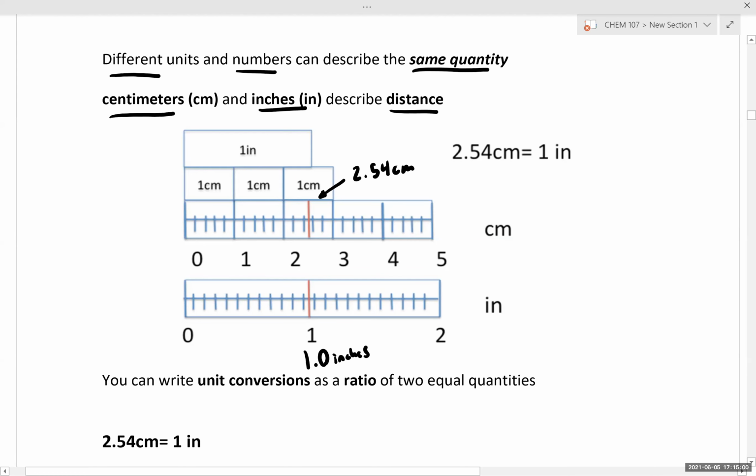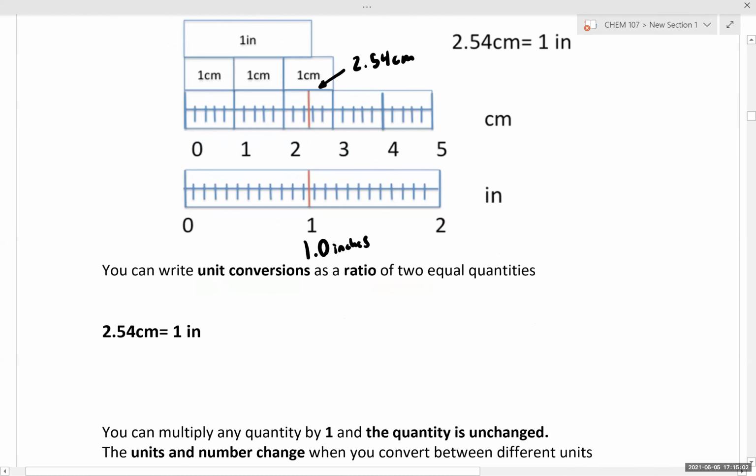So a unit conversion is best described as a ratio of 2 equal quantities. We know 2.54 centimeters in length is 1 inch, so we can write out a unit conversion ratio as a ratio of these two quantities.